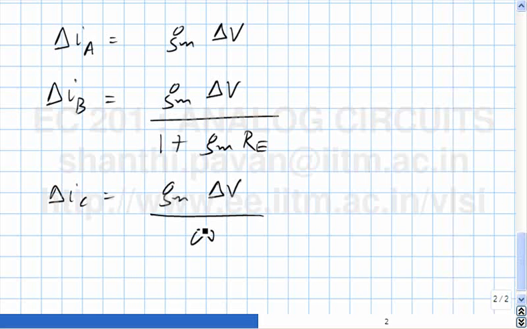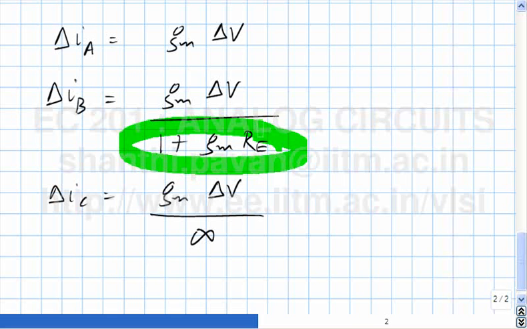You understand? And clearly from this expression you see the following: as RE tends to infinity, the effect is the same as having a current source, and when RE tends to 0, you have GM delta V. This seems fair, right?